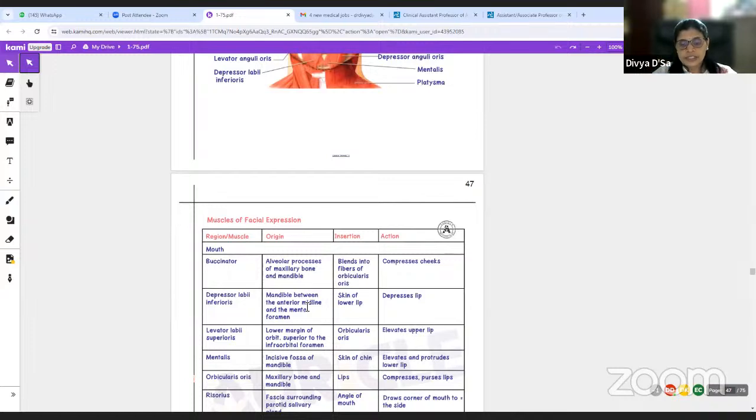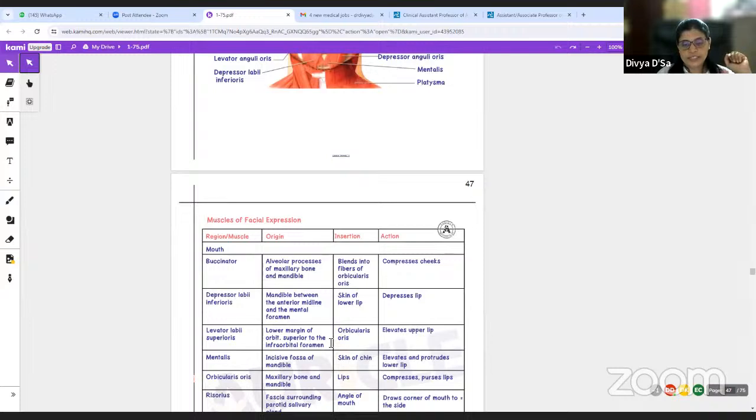Okay, it has its origin from the lower margin of the orbit, superior to the infraorbital foramen. So just below the orbit we have the infraorbital foramen, and just above that, it has its origin. All these oral muscles around the mouth are attached around the orbicularis oculi.